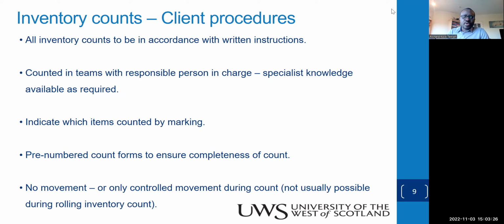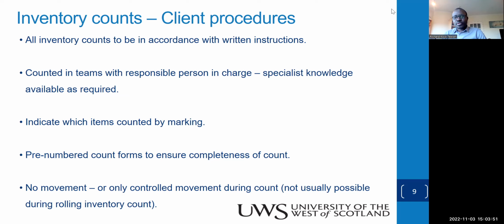Also, when we are counting, we always have a count form or count sheet. Make sure it is sequentially pre-numbered, to ensure that you've included everything that needs to be counted. The idea is that we don't want to haphazardly be counting things, but want to follow a sequential logical approach. When counting, make sure items are not being moved out of the stores into the showroom.